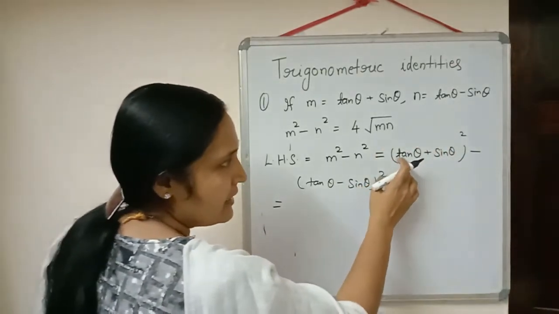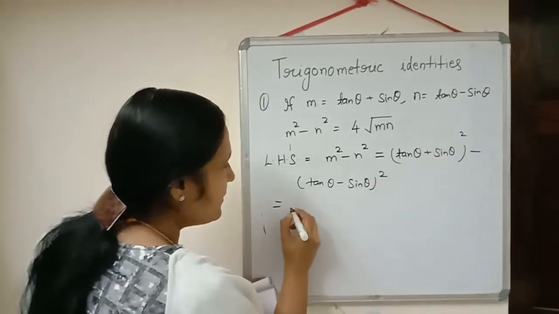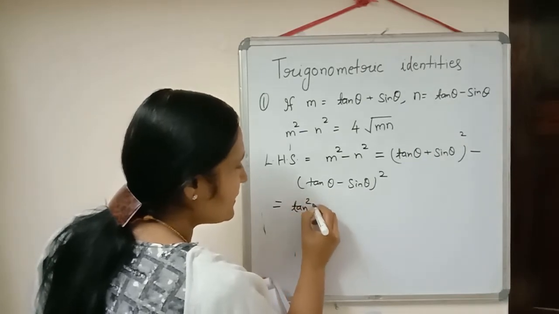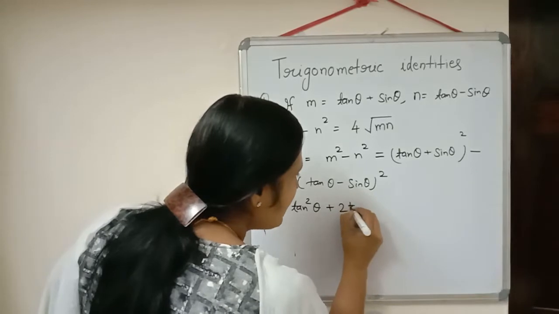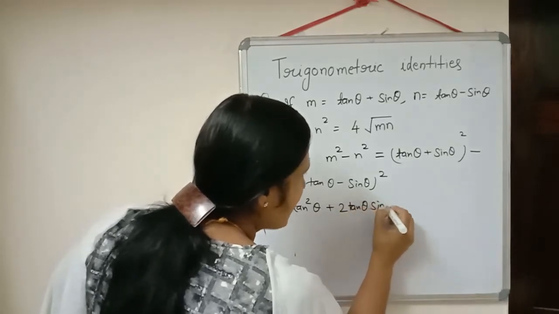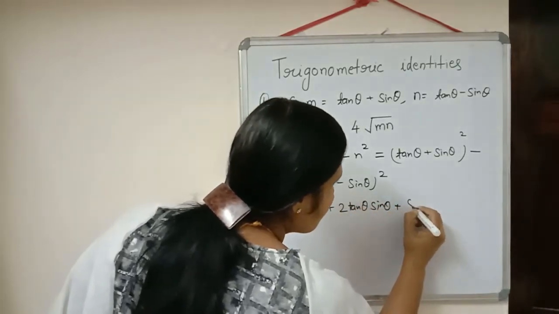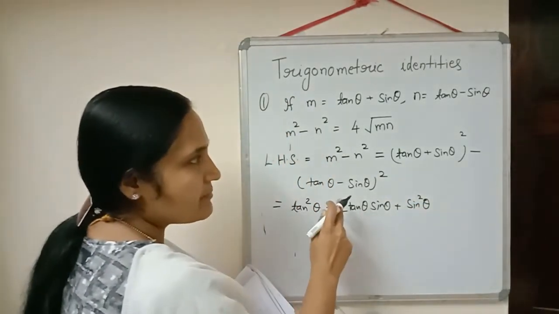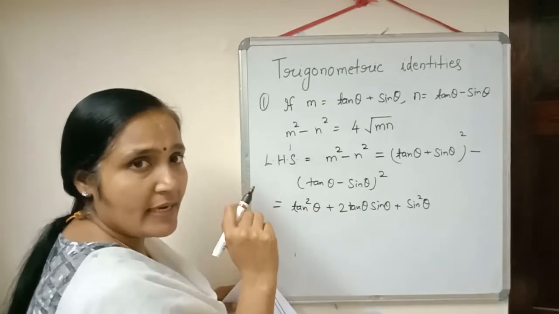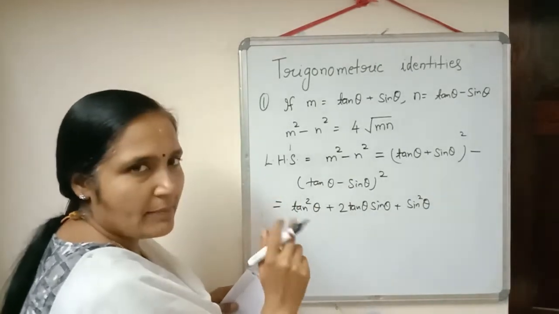So first one, tan theta plus sin theta the whole square. According to the identity, it will be equal to tan square theta plus 2 tan theta into sin theta plus sin square theta. Minus sign is there. So after expanding the term, we can multiply it by the negative sign also. So both I am combining here.